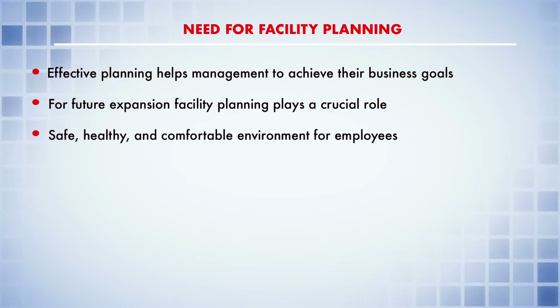Another important thing is that we always want a safe, healthy and comfortable environment for our employees. That means a healthy environment, proper lighting system, and proper circulation in the working place.